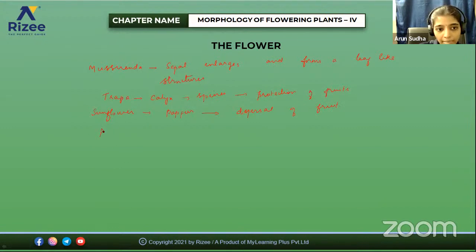And there is another category that is called persistent sepals. In this case, the sepals do not fall, and they remain attached to the fruit. In that case, they are called persistent sepals.